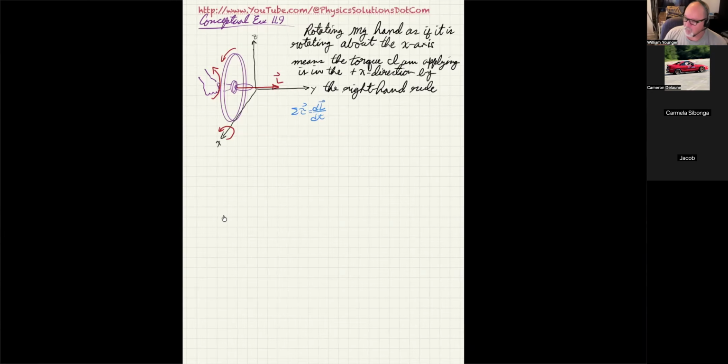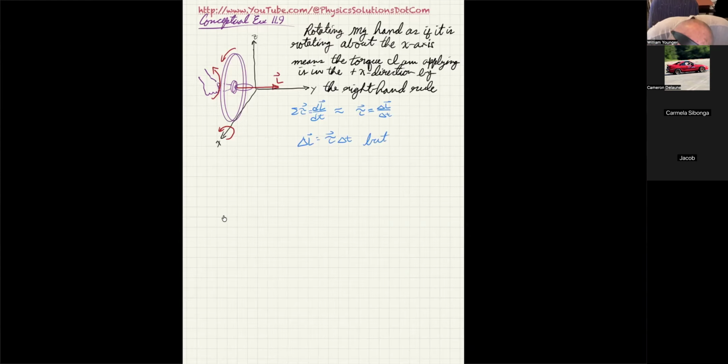And in this case, we're really only imagining there being one torque. So this is going to be about equal to torque is equal to delta L over delta T. And this is inherently a vector equation. So with that in mind, the change in angular momentum, delta L, should be the torque times delta T.